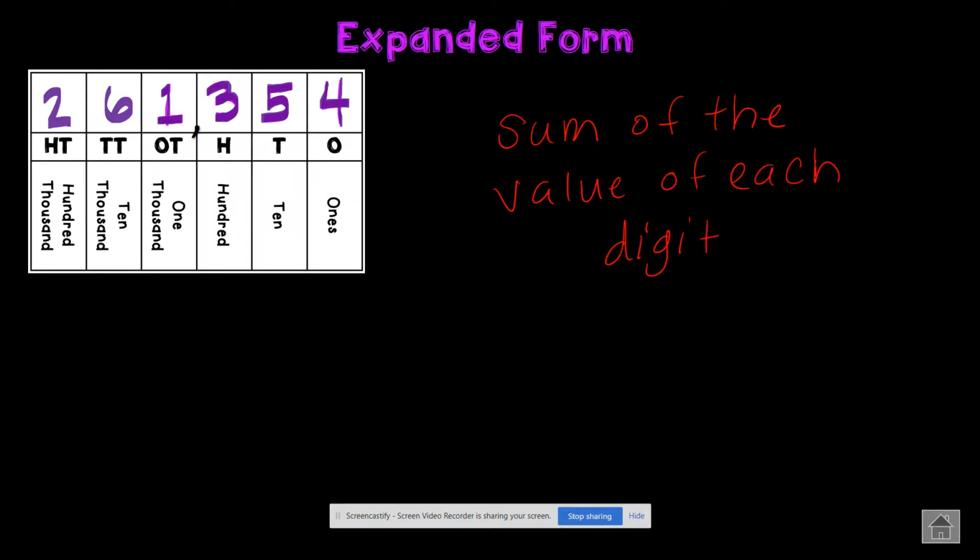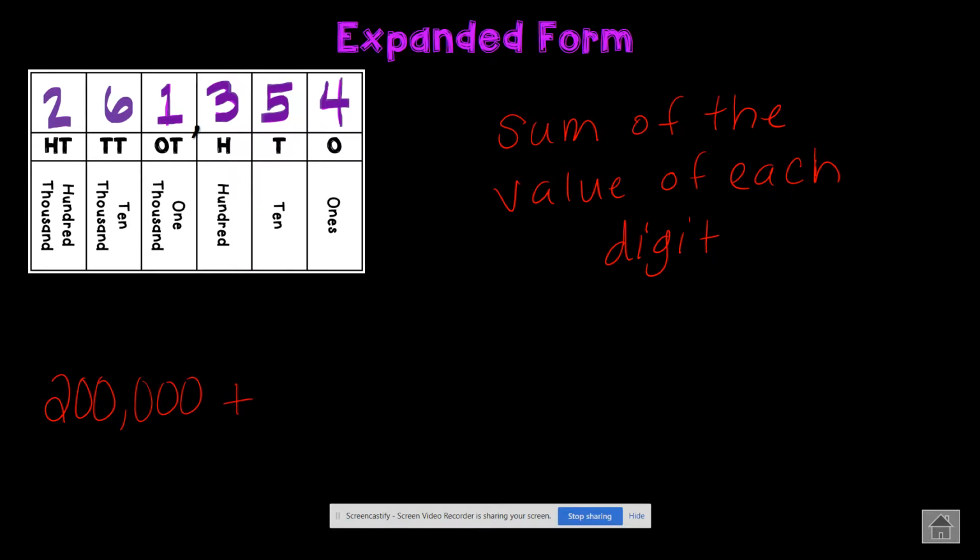So we're going to start out with the number that's in the largest place value, which is right here in the hundred thousands place. This 2 has a value of 200,000. So we're going to write that number out, 200,000.